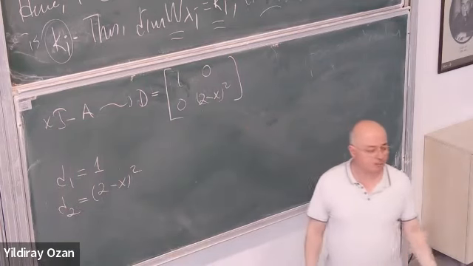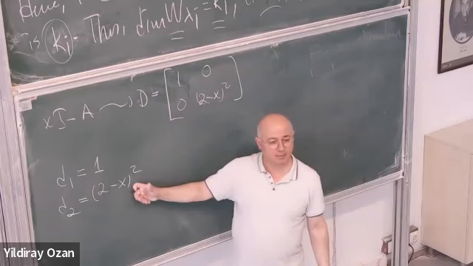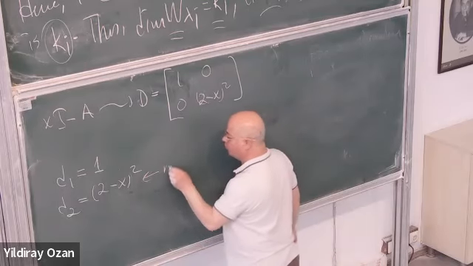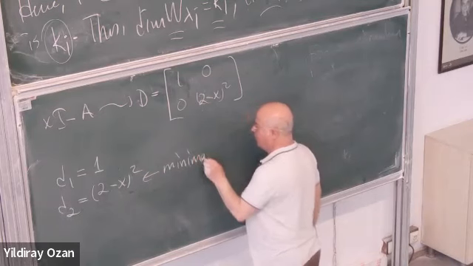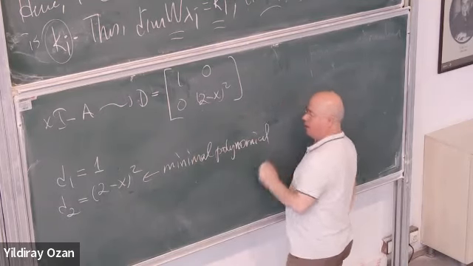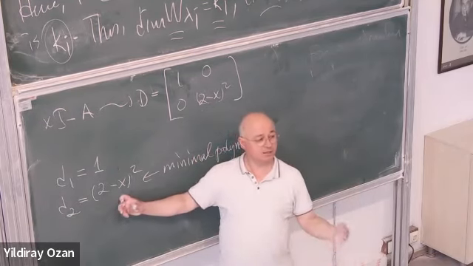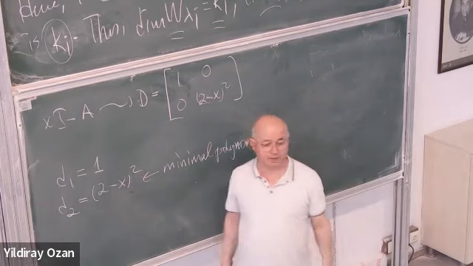Is this diagonalizable? No, because this is the minimum polynomial, right? And it is not a product of distinct linear factors. It is x minus 2 squared, right?